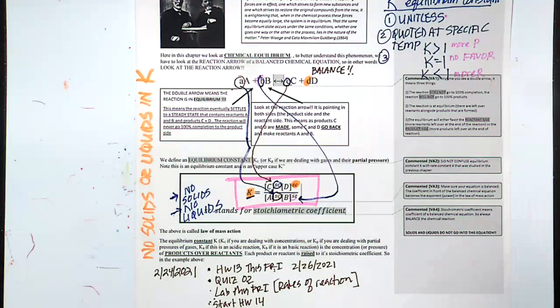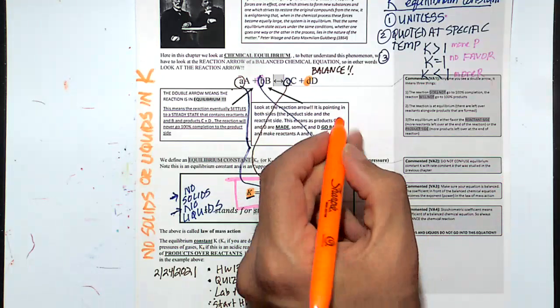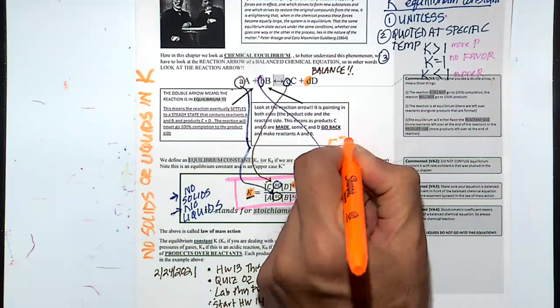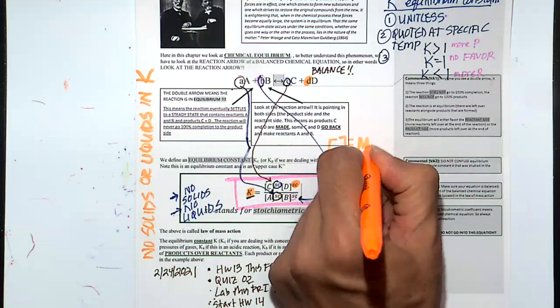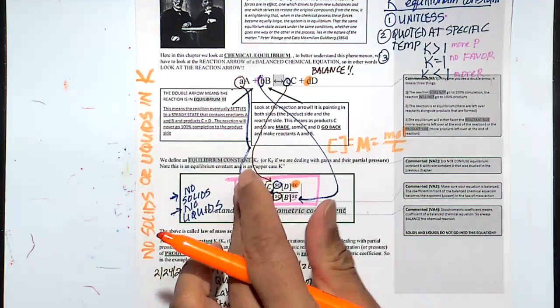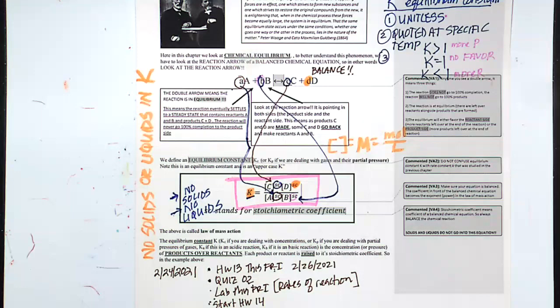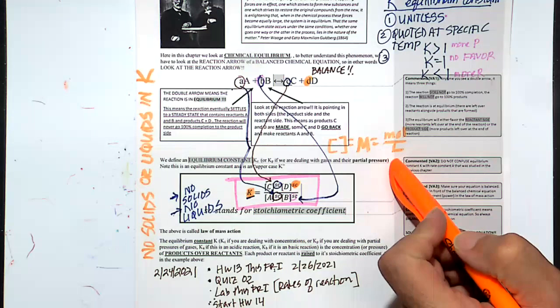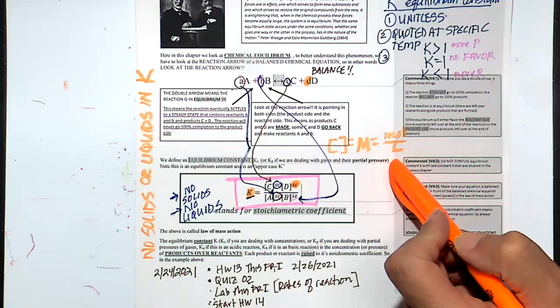Okay. One thing is these brackets represent concentrations, which is a big M, moles per liter. So solids don't have a concentration. Solids have a density, but they don't have a concentration. Liquids, it's sort of the medium in which the reaction proceeds.